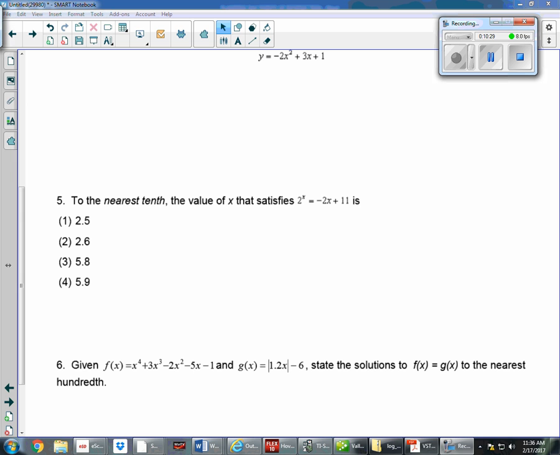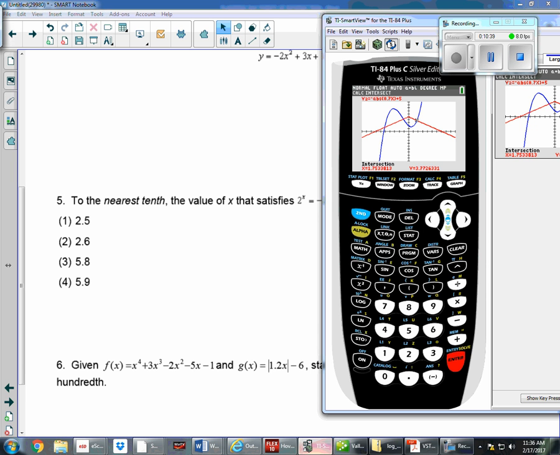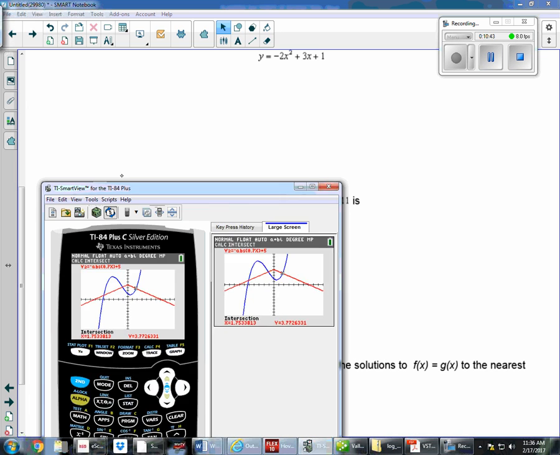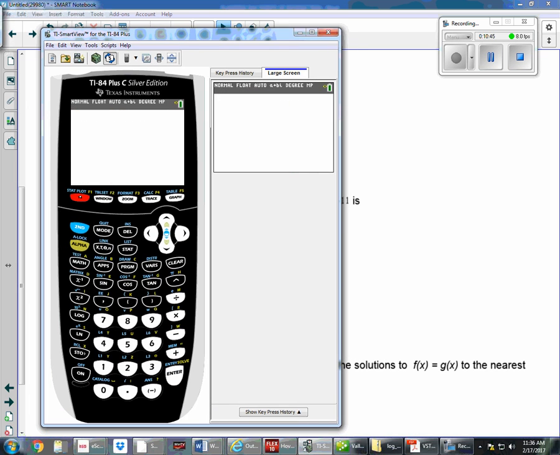Alright, take a look at number 5. Number 5 says to the nearest tenth, the value of x that satisfies this equation is, well, let's do what we did before. In y1, we will type 2 caret x.